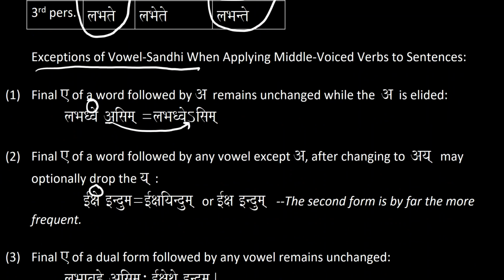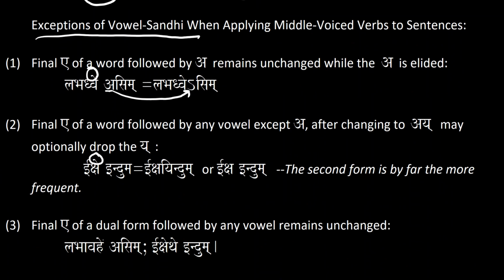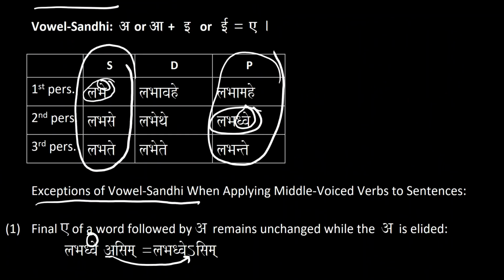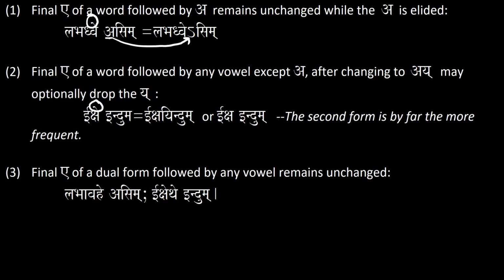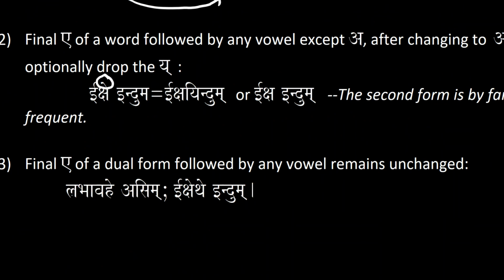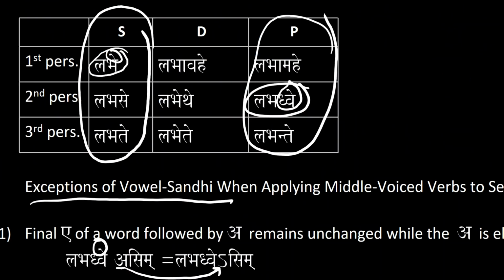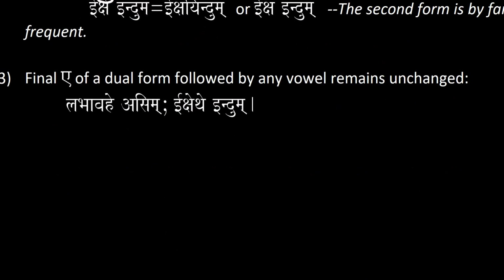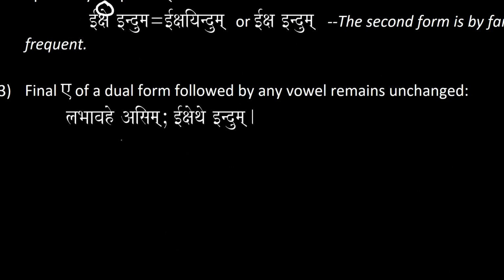However, take a look at number 3. The final a of a dual form followed by any vowel remains unchanged. So it doesn't matter whether it's followed by an a or any other vowel, it remains unchanged. So look, we have labhavahe. Labhavahe is first person dual, and it is followed by the word asim.